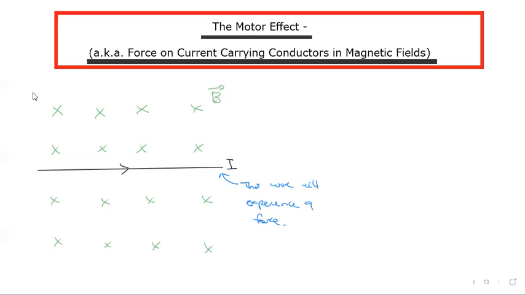All right. Well, if we're saying it will experience a force, there are really two main questions as always. If there's forces involved, it is a vector. And if a vector is involved, it's going to have a magnitude and a direction. The magnitude, well, we can give you the formula. And the direction, we can give you a way to do it.